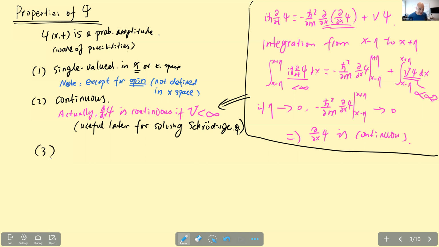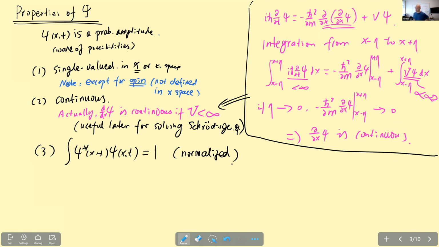And of course, there is another property of this wave function. That is, in principle, this one should be normalized.